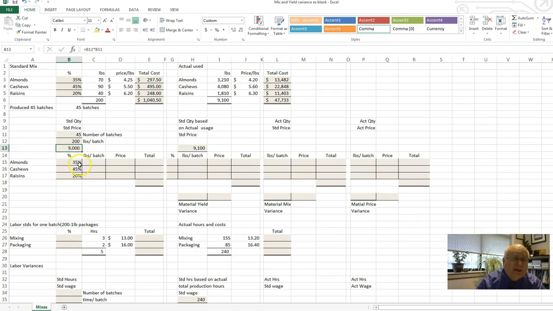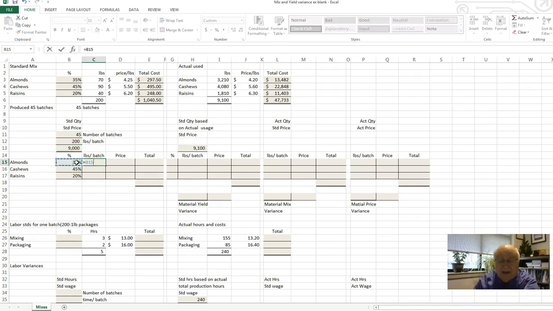Then we'll take the percentages times the 9,000 pounds to see how much we should have used at this level of production. So we should have used 3,150, 4,050, and 1,800. Again, you take the 35% times 9,000, 45% times 9,000, and 20% times 9,000.